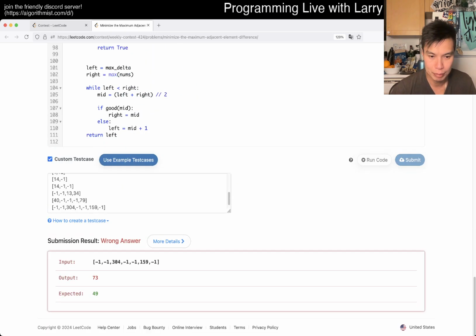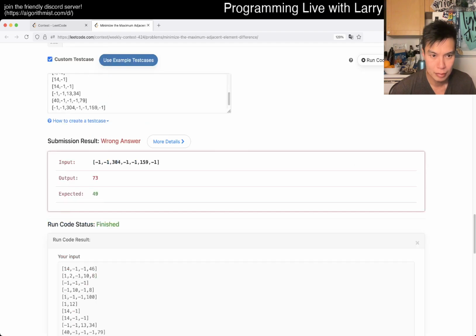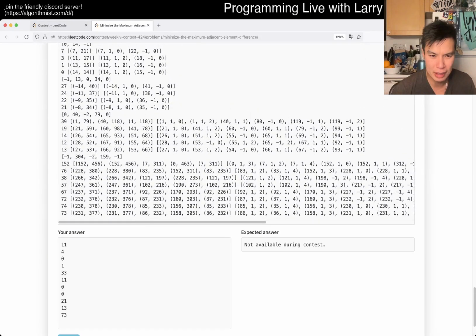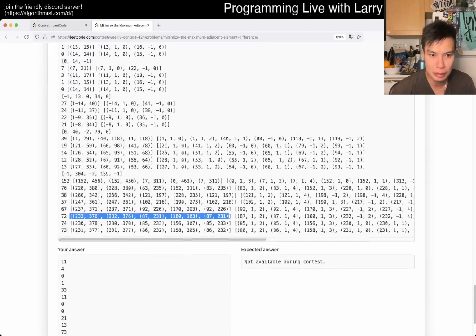Okay. So that means that 72 should definitely be a true. And you have all these things. Right, what is this again? You have -2.